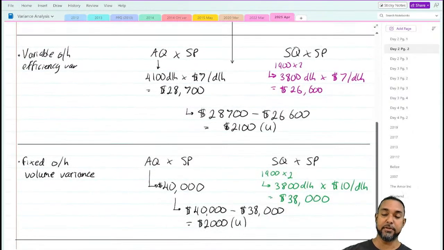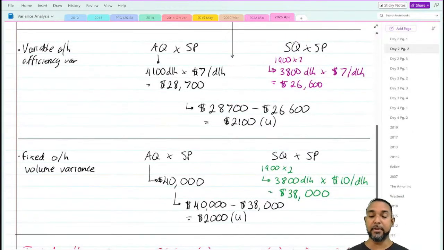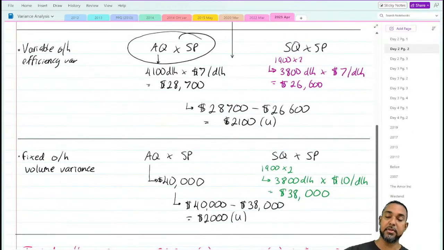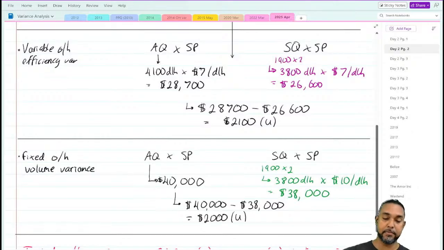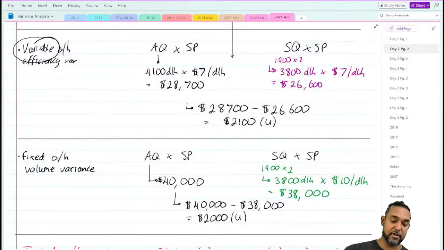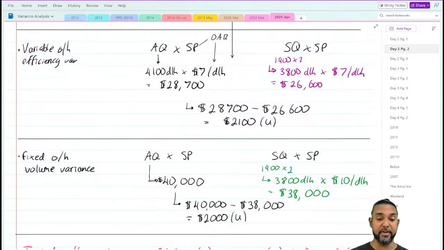For the efficiency variance, that's the two in the middle, actual quantity by standard price and standard quantity by standard price. So we have one calculation for variable and one for fixed. For variable, actual quantity by standard price. The standard price, the price of the overheads, is the OAR, which turns out to be $7 per direct labor hour for variable.